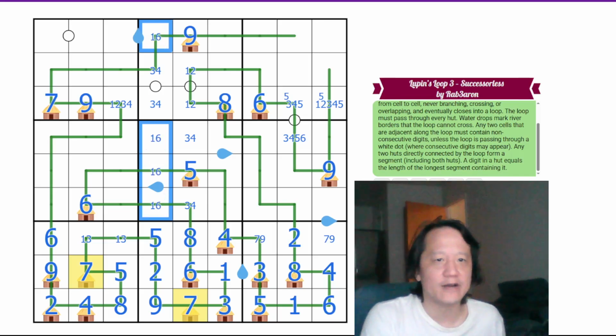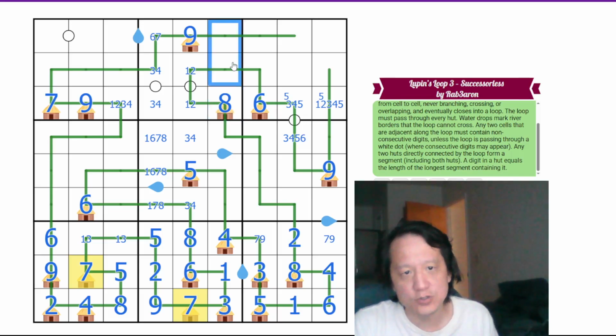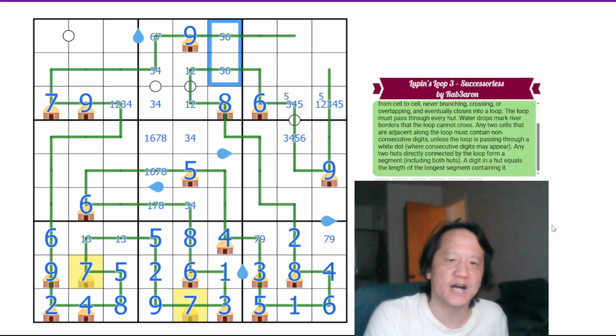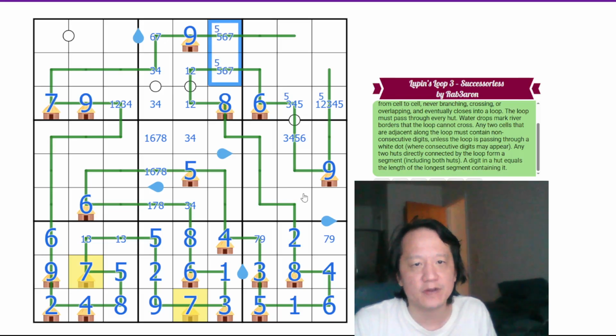Okay. No 1 or 8 here because of the 1-2 pair and the 8 in the box. No 6 here because of 6 in the row. Remaining digits of box 2, we have 6, 7, and 5. And with a guaranteed 5 there.